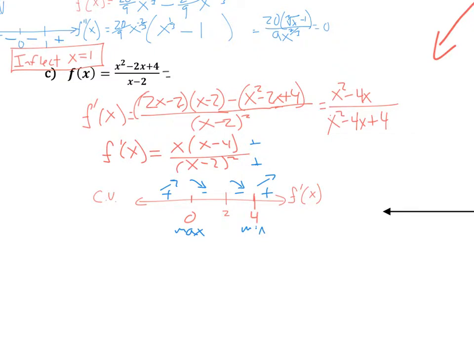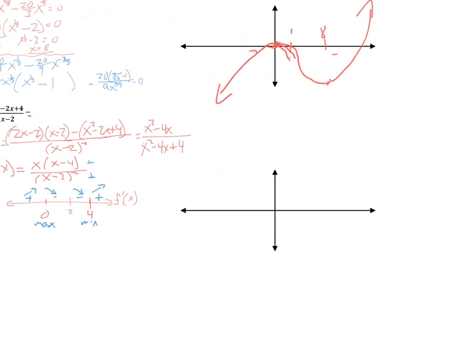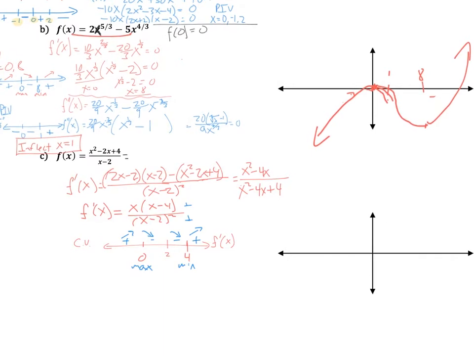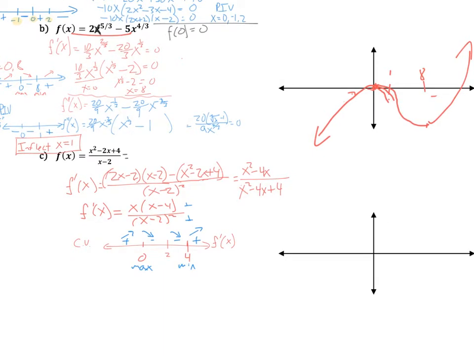So we can go over to our function here, our graph. Okay. Let's see. Can we tell an x-intercept? Let's go find f of 0, that'd be a y-intercept actually. f of 0 is going to give us 4 over -2, and that's going to be a -2. So we have that. That's nice to know.